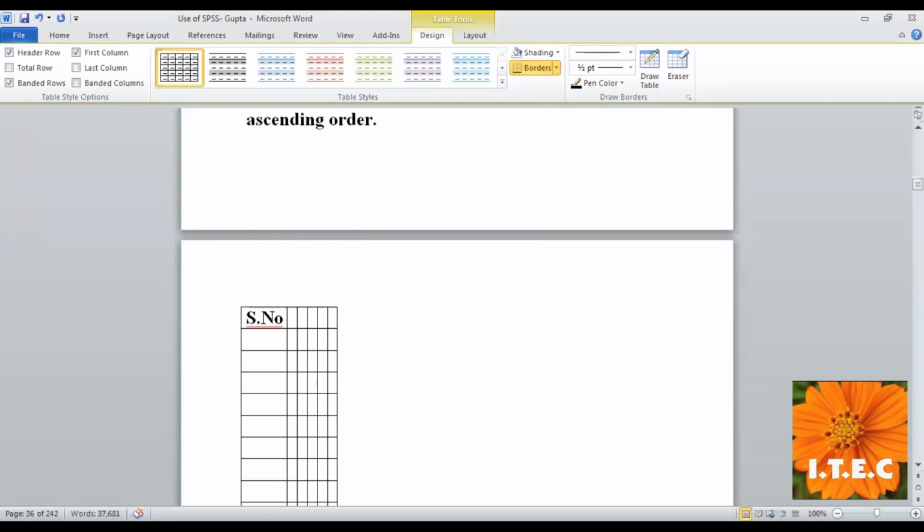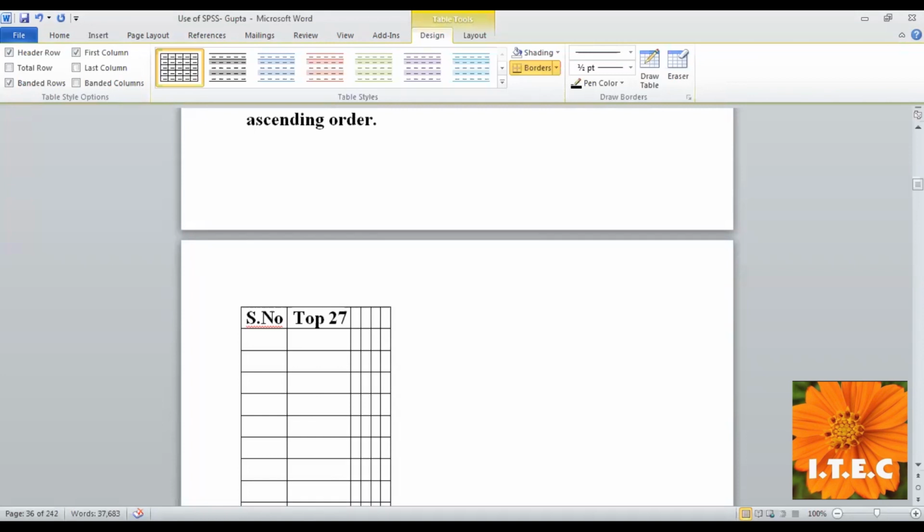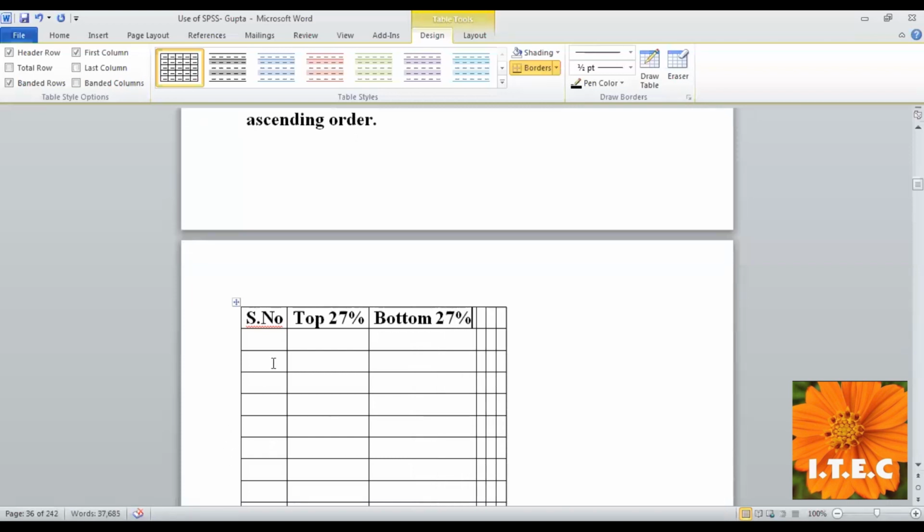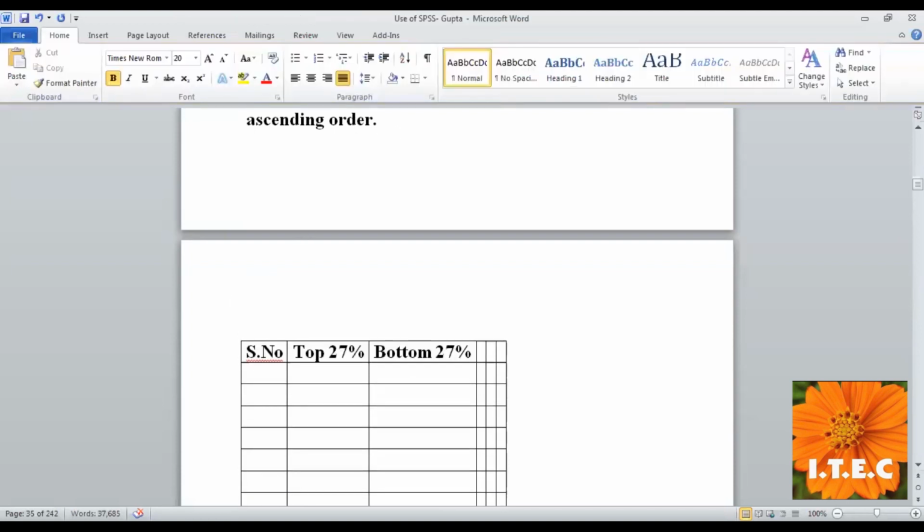Then you take the top 27% and you take the bottom 27%, and you take item number 1. Item number 1. There are 108 people.